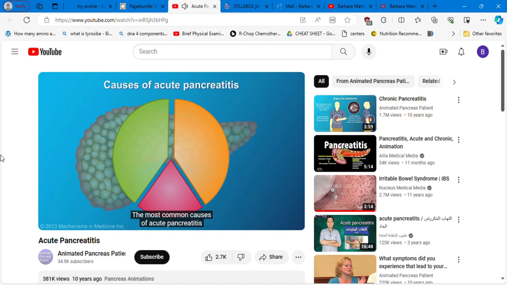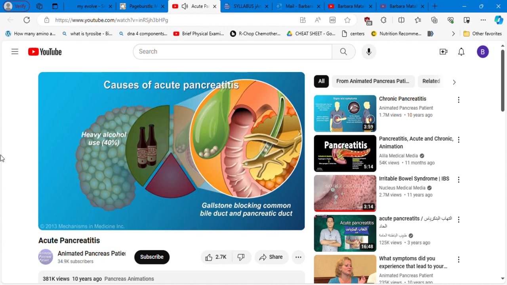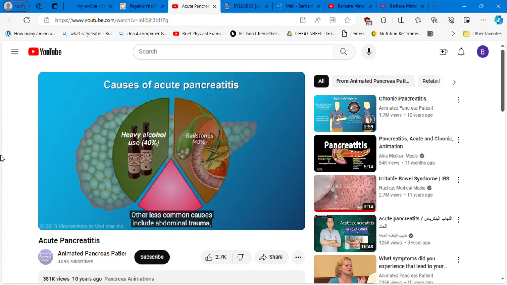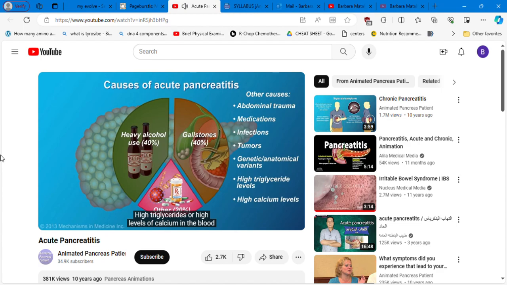The most common causes of acute pancreatitis are heavy alcohol use and gallstones. Other less common causes include abdominal trauma, medications, infections, tumors, and genetic or anatomical variants. High triglycerides or high levels of calcium in the blood are also linked to acute pancreatitis.